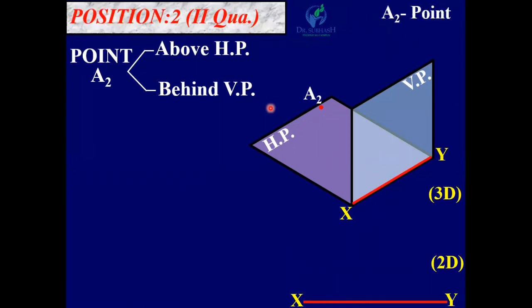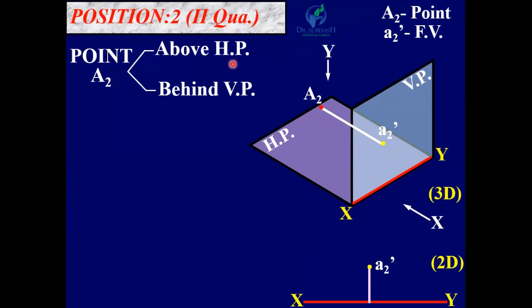So A2 is the original point. Now looking from this direction X, the projection of the front view is on VP, and it is denoted by a2 dash. So a2 dash is the front view and is above the XY line. The distance of a2 dash is equal to the distance of the point from HP.